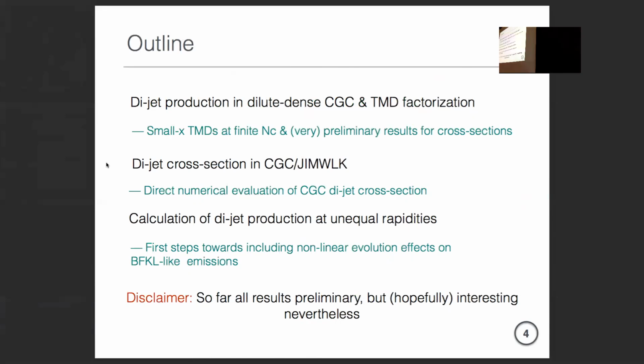I'll then also present some more numeric studies of actually calculating the dijet cross section in the CGC framework. And finally, maybe the most interesting part, I will address dijet production at unequal rapidity, where you really have a large rapidity separation between the 2 jets, and you have essentially evolution between the 2 jets as well.